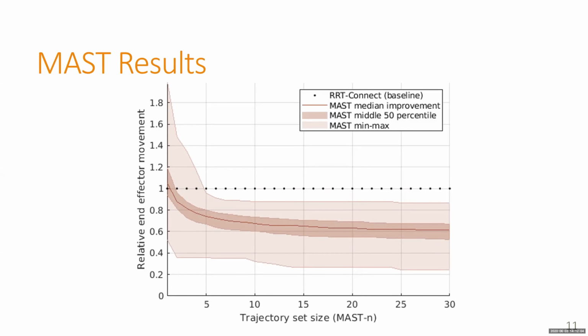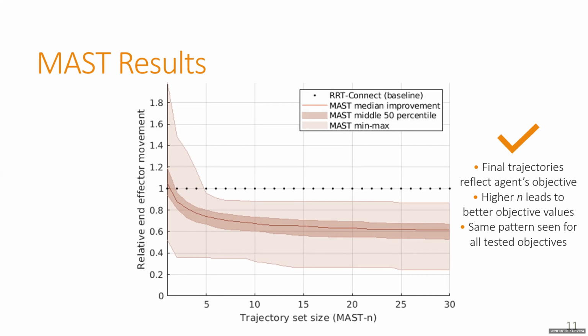Here, we're using the end effector movement objective, which is how much the robot's gripper moves across a trajectory. And you can see the overall trend: the more trajectories in a set, the better and better the objective value gets.